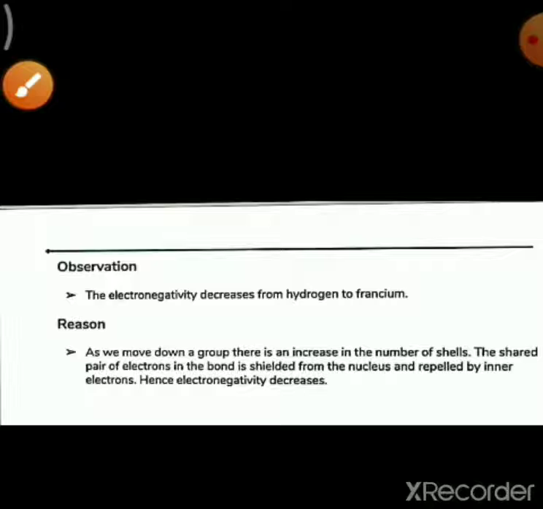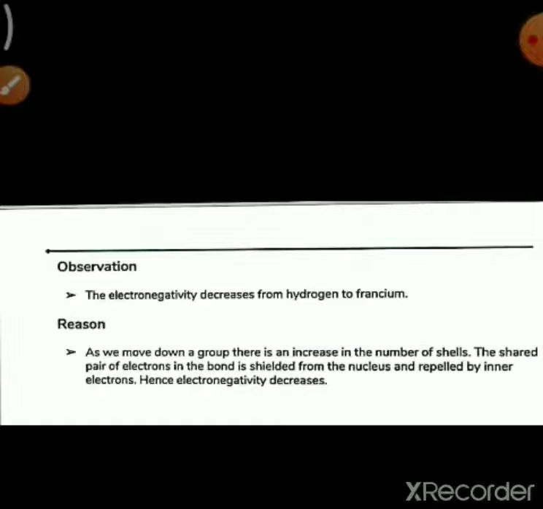Because as we move down a group, there is an increase in the number of shells. The shared pair of electrons in the bond is far from the nucleus and repelled by the inner electrons. So your electronegativity decreases.